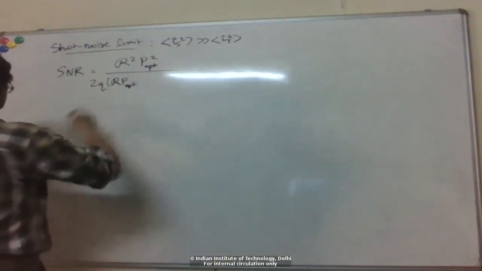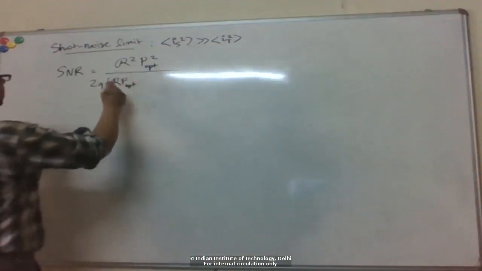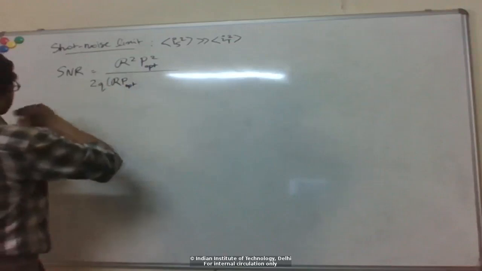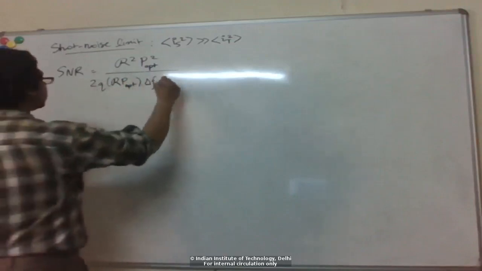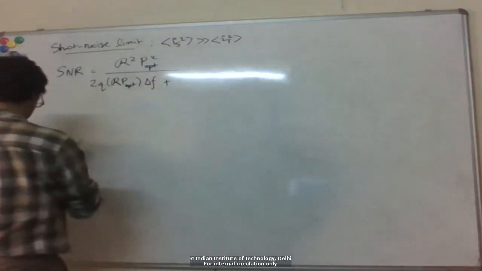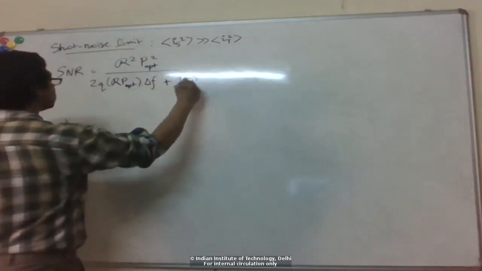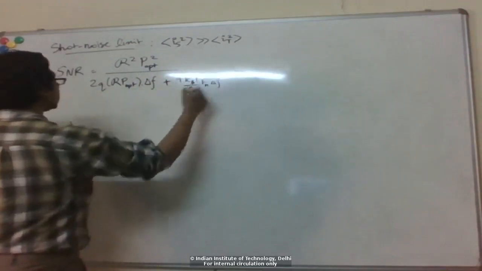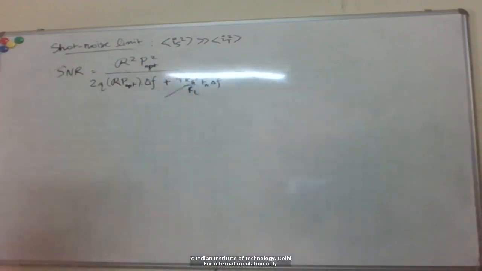We also had a dark current, but typically for high optical powers the average photocurrent is much higher than the dark current, so let's neglect the dark current. Then we had the thermal noise term, which was like this. In the shot noise limit, we are saying that this is much smaller than this.